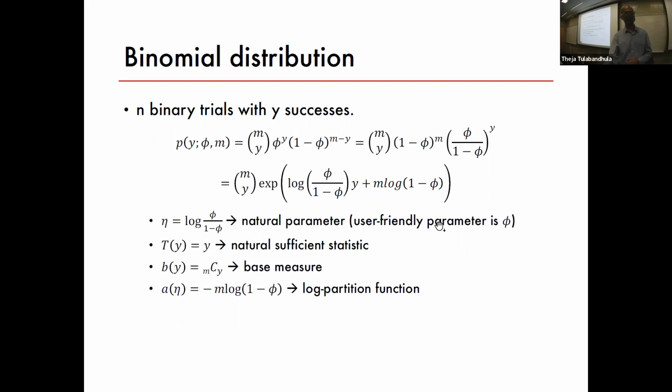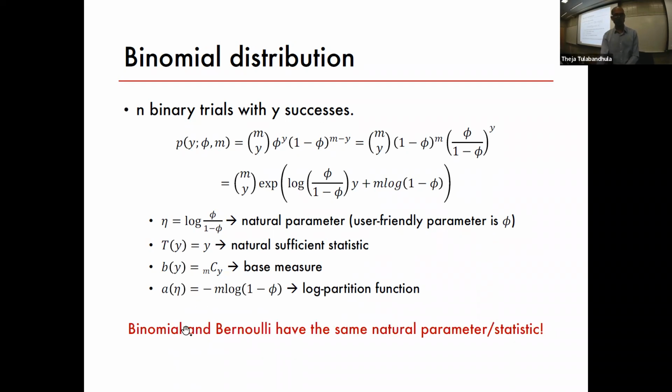Again, you can see that the natural parameter for the binomial distribution is the same as the natural parameter for the Bernoulli distribution. And it's related to what is called the user-friendly definition of the Bernoulli or binomial distribution, which is phi, the probability of success. So Bernoulli and binomial have the same natural parameter.